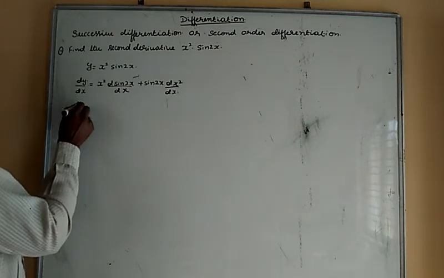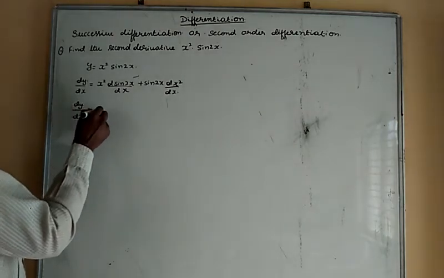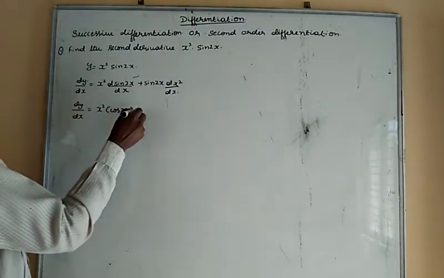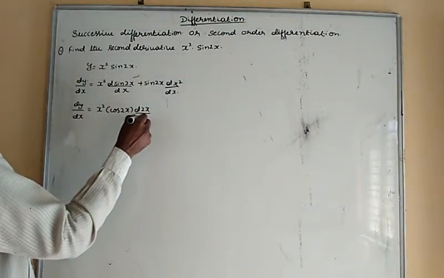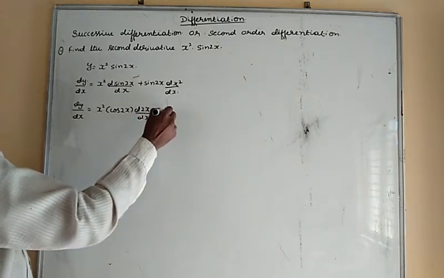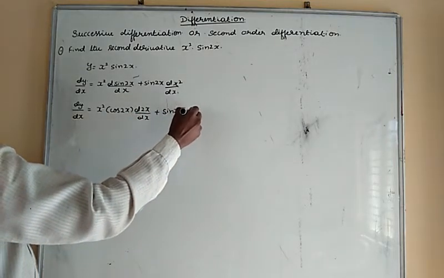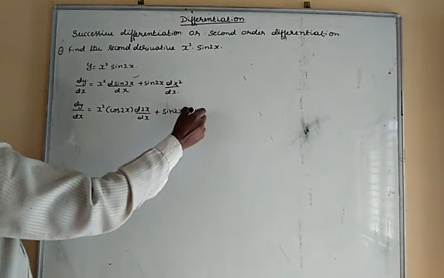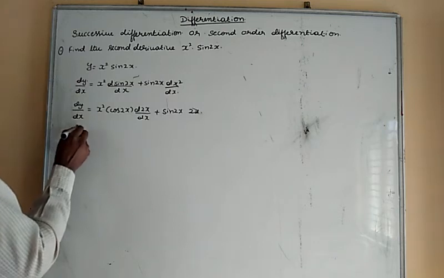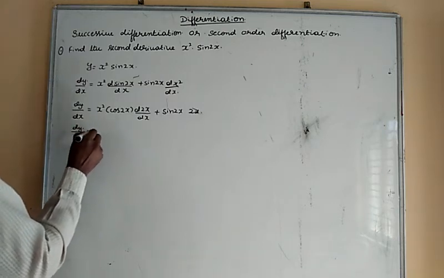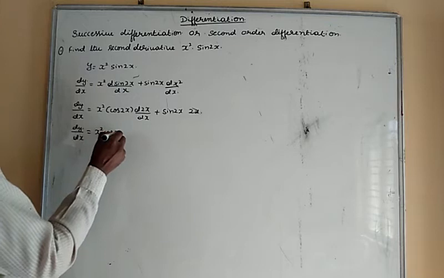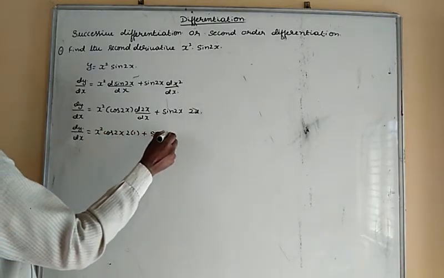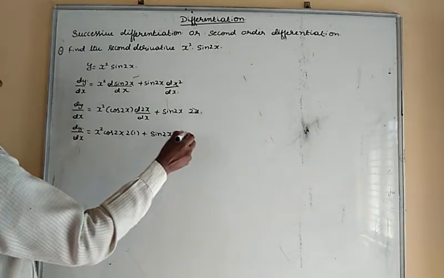So dy by dx is equal to x square as it is, sine differentiation is cos 2x, again differentiation of 2x, plus sine 2x into differentiation of x square. x square differentiation is 2x. Then dy by dx is equal to x square cos 2x, 2 constant, x differentiation 1, plus sine 2x into 2x.